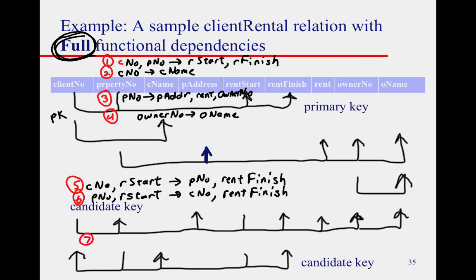So you also can have client number and rent finish because presumably that's also going to be unique. It's going to determine a property number and a rent start. And same thing, a property number and a rent finish should determine a client number and a rent start.